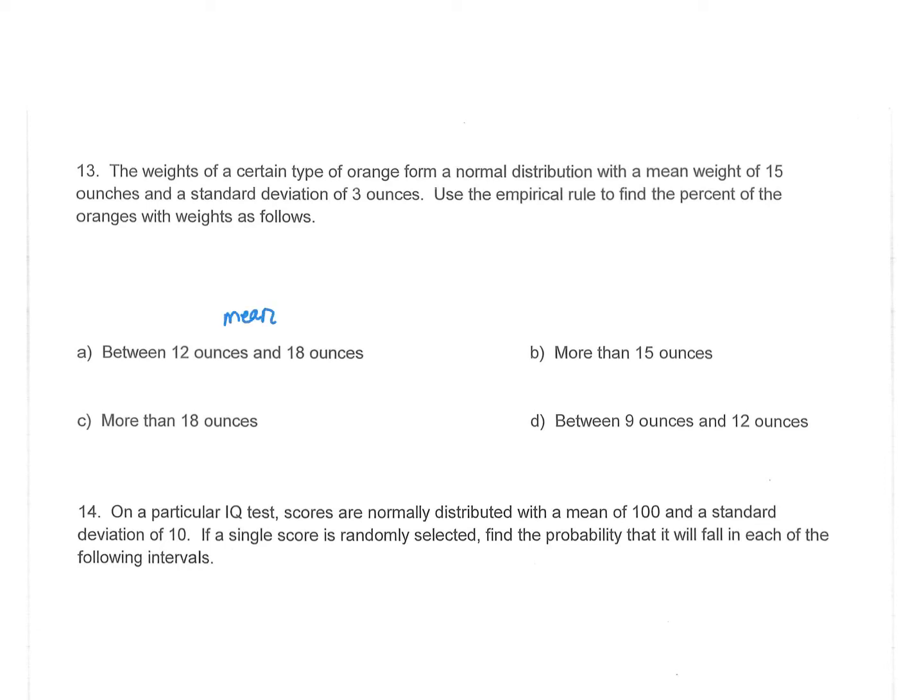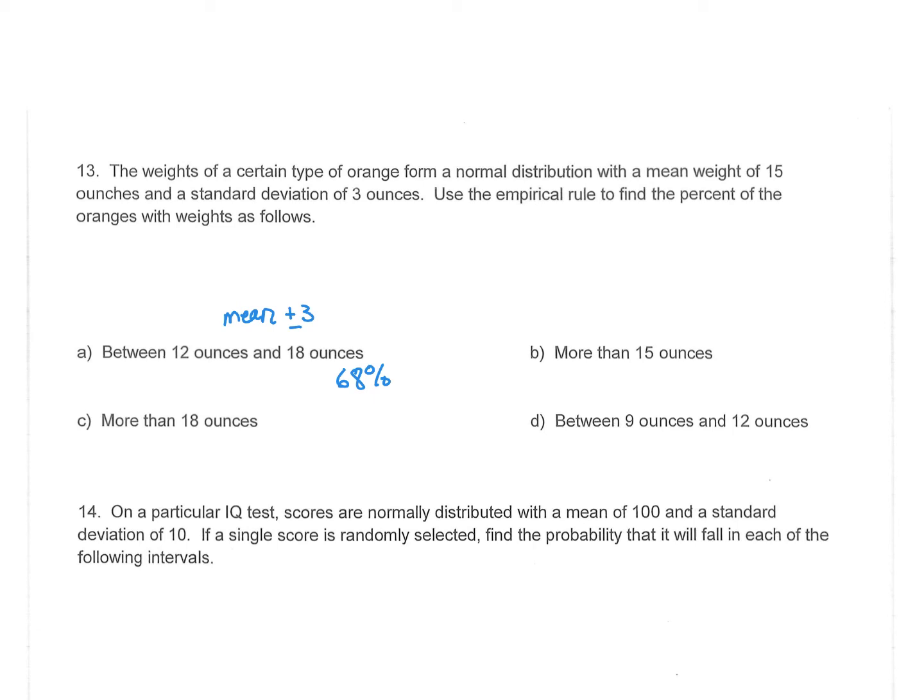So that means that I'm either adding a standard deviation or subtracting a standard deviation, so plus or minus 3. So that's how we get between 12 and 18 ounces. So that's one standard deviation, and the empirical rule says that 68% of the oranges would be within one standard deviation.